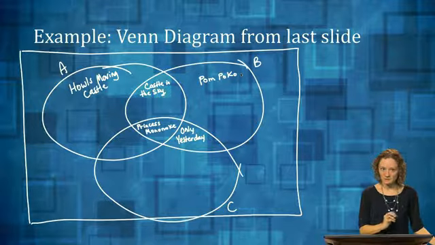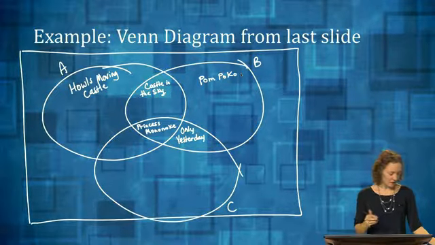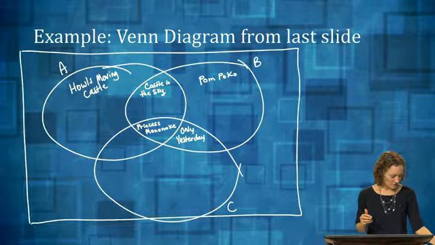If you feel like you can fill them in on your own, go ahead, pause it, fill it in, and then just check to make sure you're on the right page.